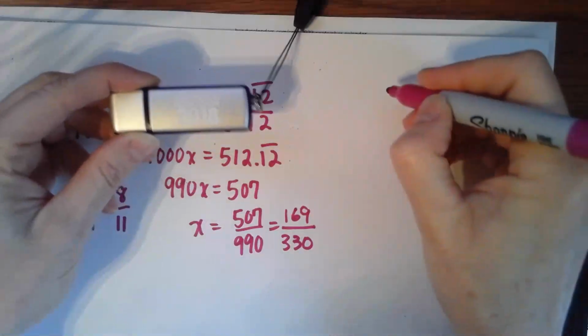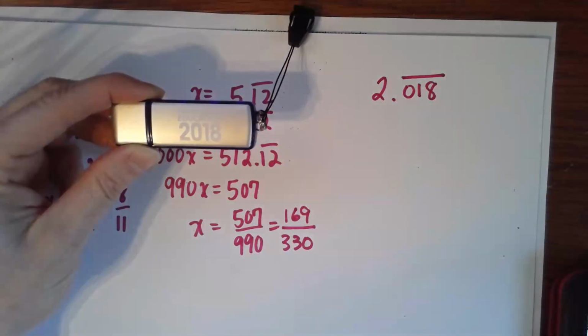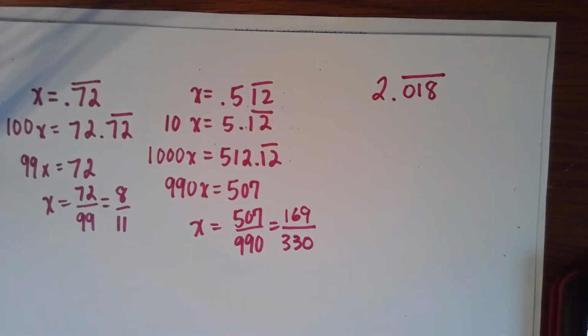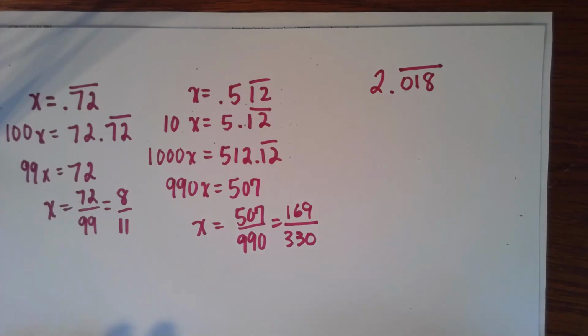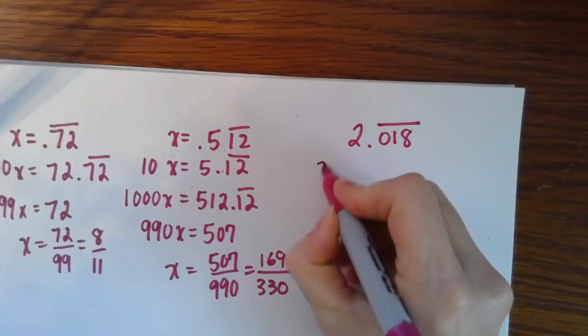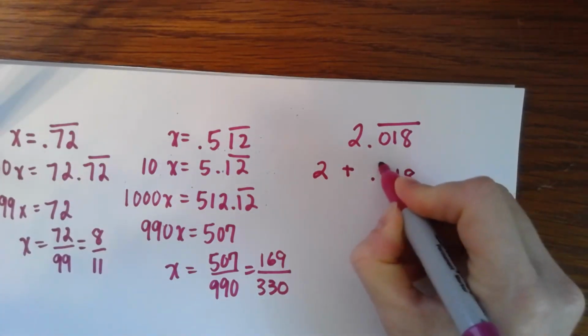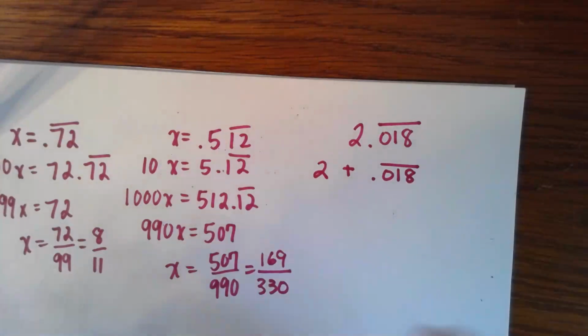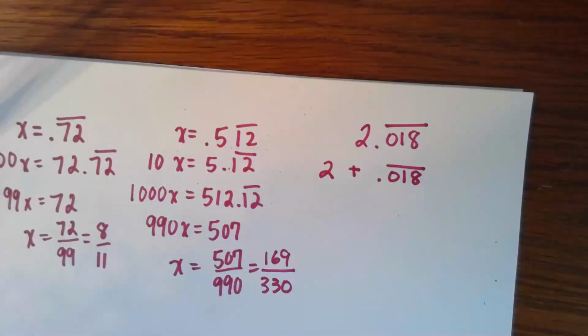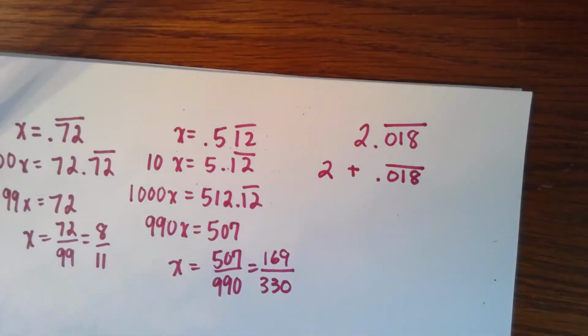So let's do 2.018 repeating. We'll repeat 3 digits this time. See, you can just use random objects in your desk to make up your own problems. Think of this as being 2 plus 0.018 repeating. We know how to do something like this, and then we'll just add on the 2 after we're done getting this part written as a fraction.